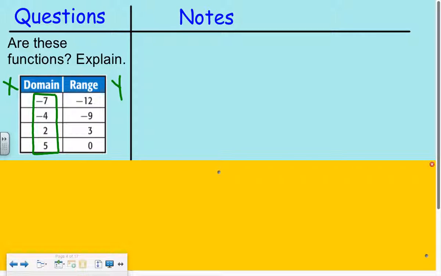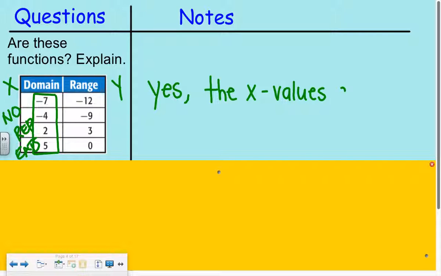So my x values are -7, 4, 2, and 5. No numbers repeat, and that's what matters to me. So I'm going to write no repeats. If every one of my x values does not repeat, then for every x, there's just one y value. So I'm going to say yes, the x values do not repeat.